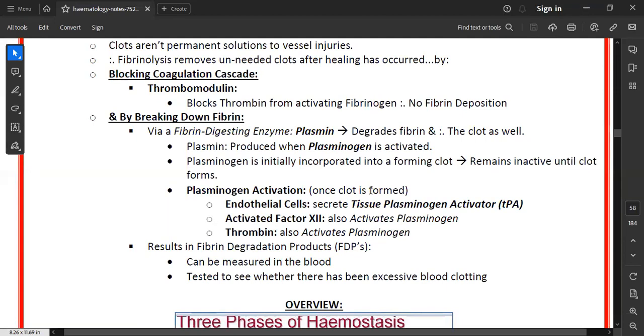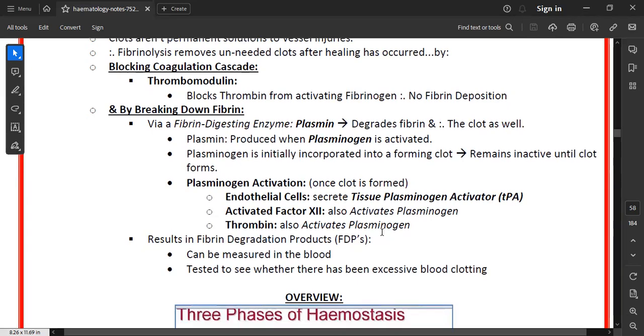And then thrombin also activates plasminogen. Thrombin is involved in the negative feedback of the clotting cascade at different stages. So we have that stage where it activates fibrinogen. Now we can see that it also activates plasminogen. So it has two effects that, depending on what level the body is at, it has different effects at different points.